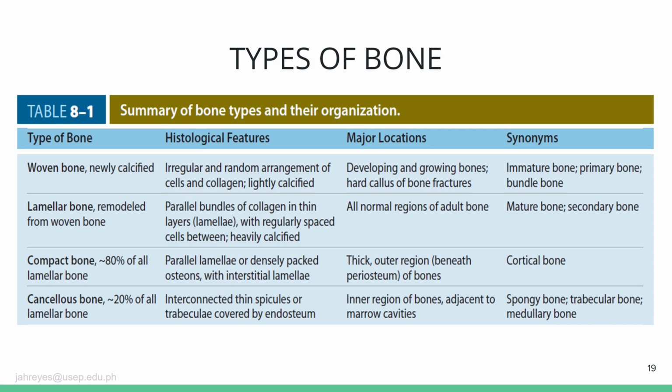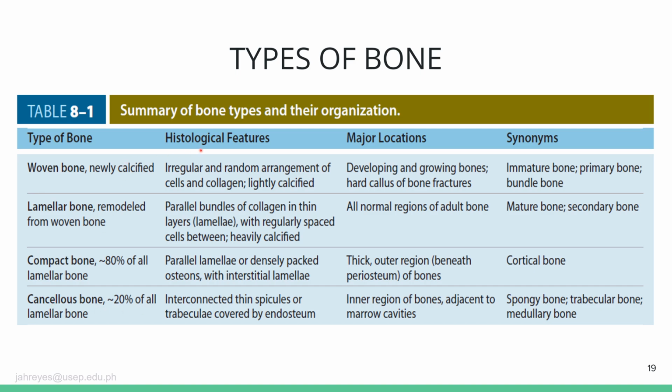Now, so we have different types of bone. The woven bone, which are newly calcified bone, the lamellar bone, which are bone remodeled from woven bone, and the compact bone, which consists 80% of all lamellar bone, and cancellous bone, which consists of 20% of lamellar bones.